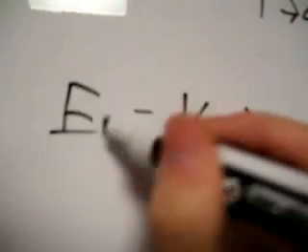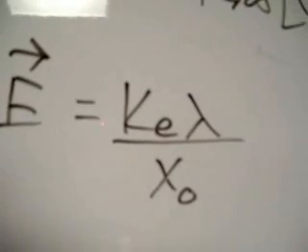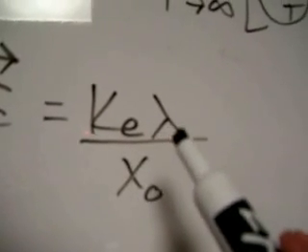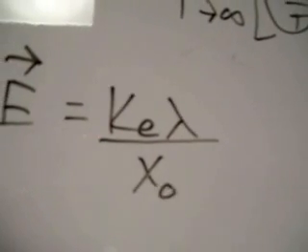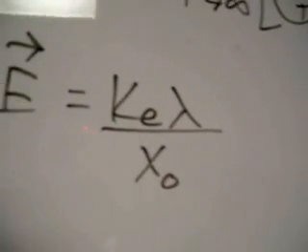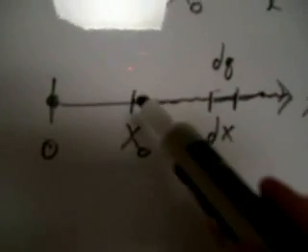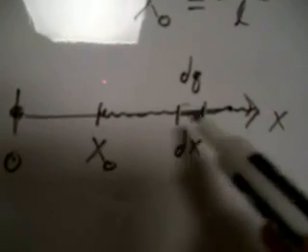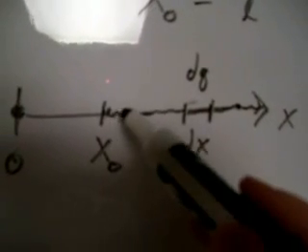And that is the answer. The magnitude of the electric field is Coulomb's constant times the charge density over x naught. And the direction that it's going, because we can see it doesn't tell us what all this charge is, so I guess we're assuming that it's positive.